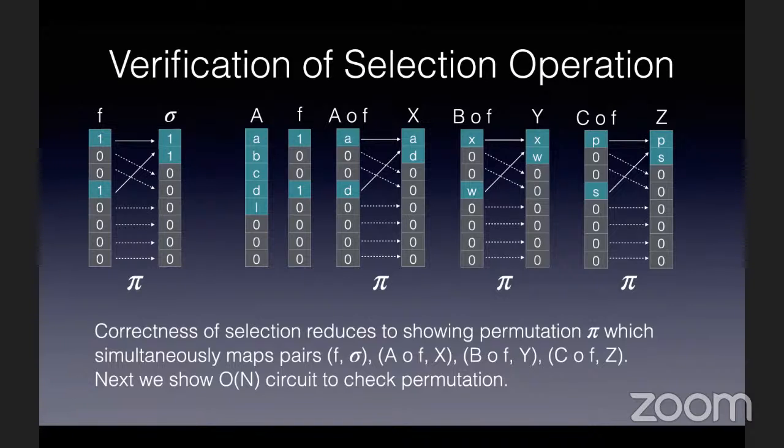We will not go into how you check that they are the same permutation in this talk. But as a last thing, I will leave you with how we can check that two vectors are permutations of each other in a circuit using just multiplication constraints.